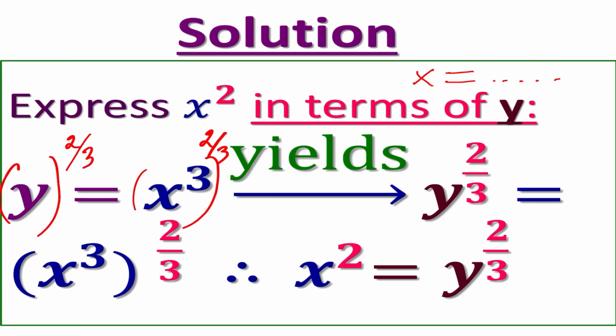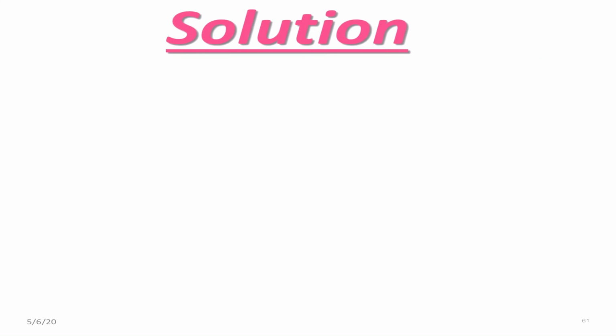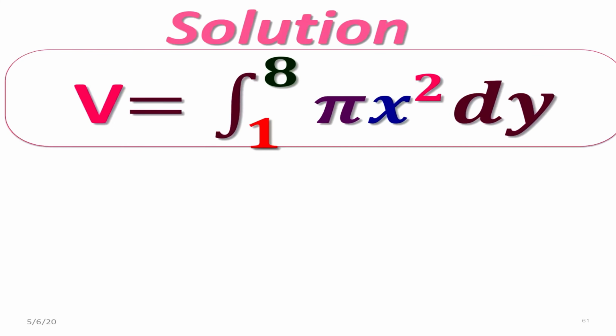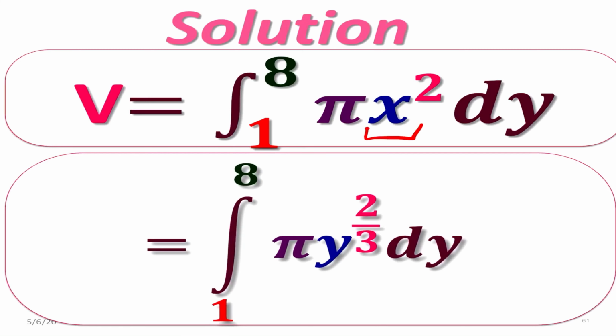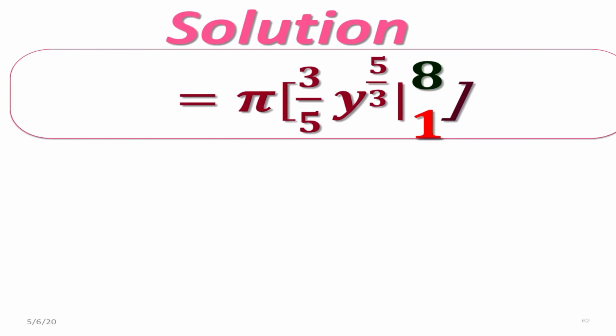It implies, so 3 and 3 cancel each other out, so it's going to be x squared equals y to the 2/3. Now we're going to grab this formula for volume, and instead of x squared, we are going to plug in the expression we did find. So we are going to replace x squared with y to the 2/3 and evaluate this integral.